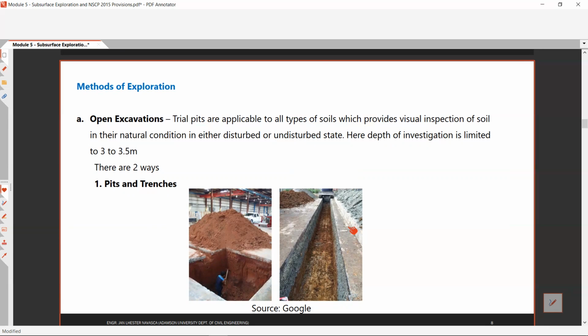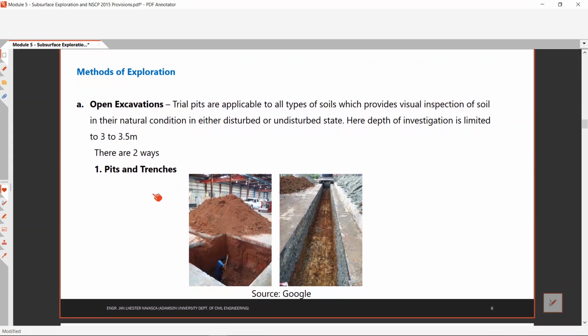They have these trial pits and trenches. This one is the trial pits and this one is for the trenches. Trial pits are applicable to all types of soil, which provides visual inspection of the soil in their natural conditions in either disturbed or undisturbed state. And here, the depth of investigation is limited to 3 to 3.5 meters.